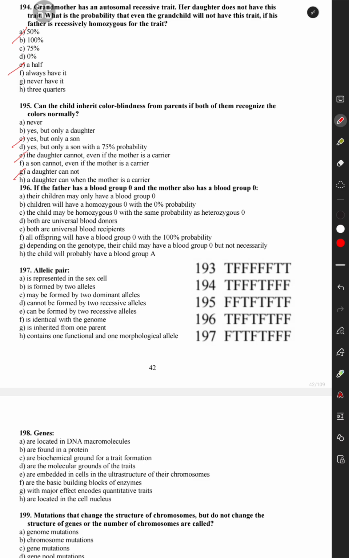A daughter cannot, even if the mother is a carrier.